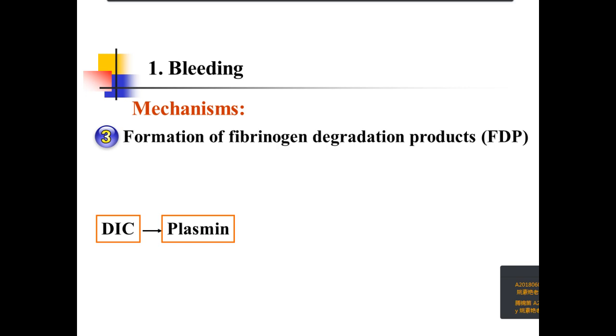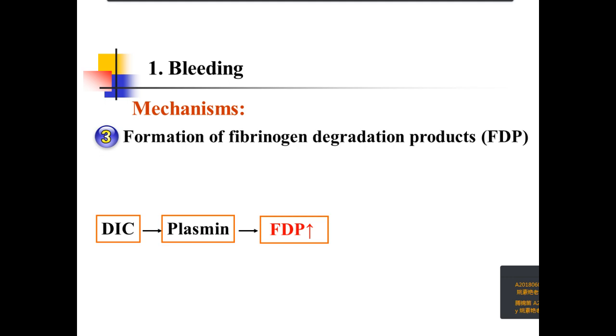Now DIC, the FDP. During the secondary fibrinolytic stage, plasmin increases. Plasmin can hydrolyze fibrin and fibrinogen and form degradation products. The degradation products are called FDP.